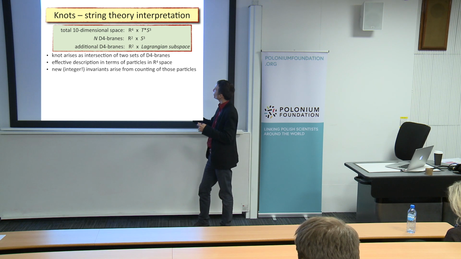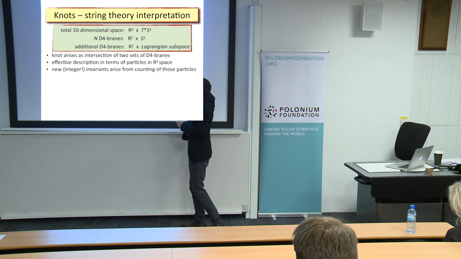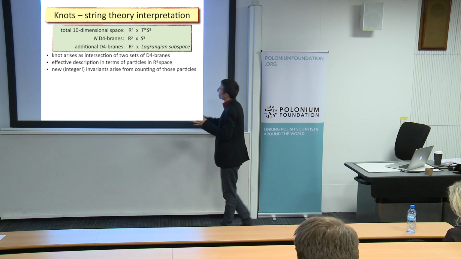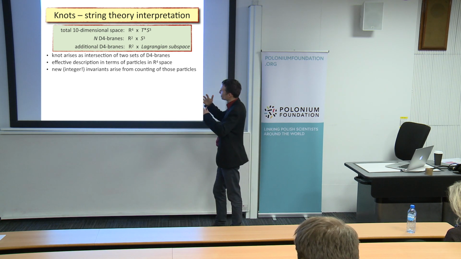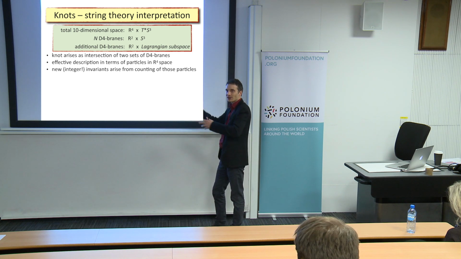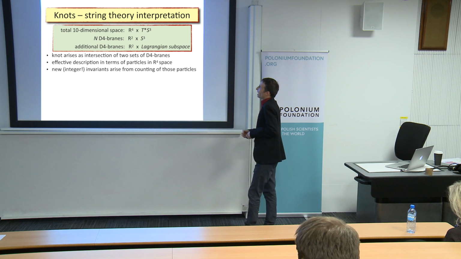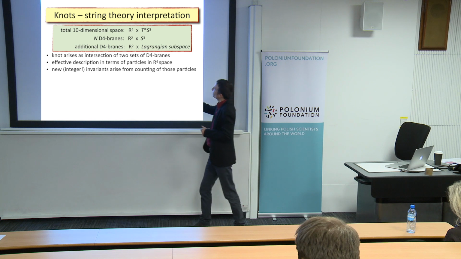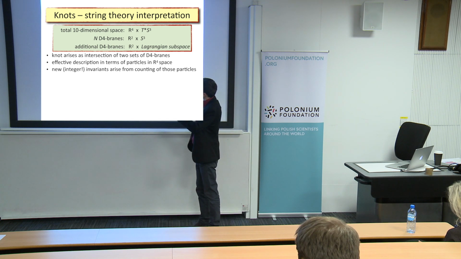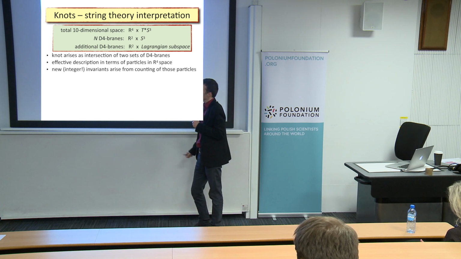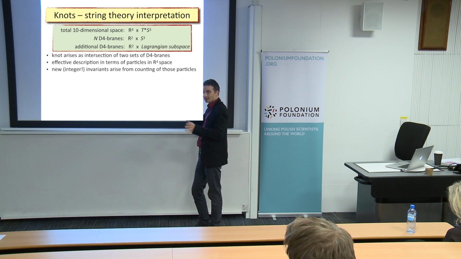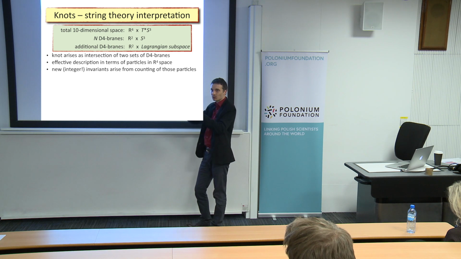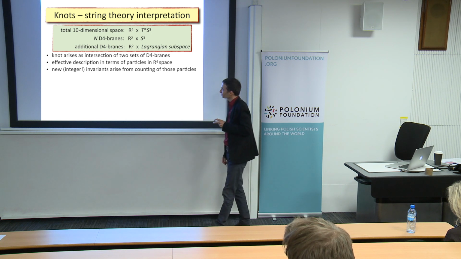And then we can engineer some knots in this space, 3-dimensional space S3, by considering, as I mentioned, some system of so-called branes which intersect just along 1-dimensional curve. And then we can find so-called effective theory which describes what happens in this case from the viewpoint of this 4-dimensional theory and particles which would live in this 4-dimensional theory.